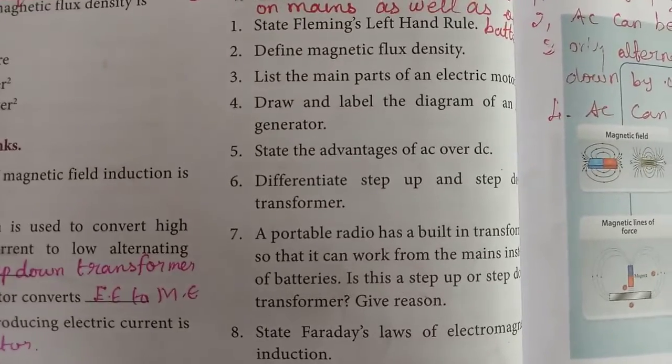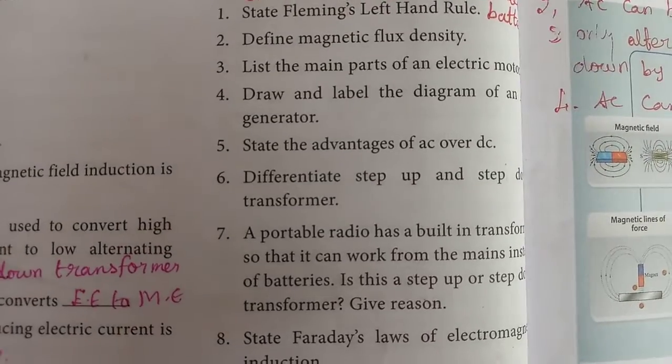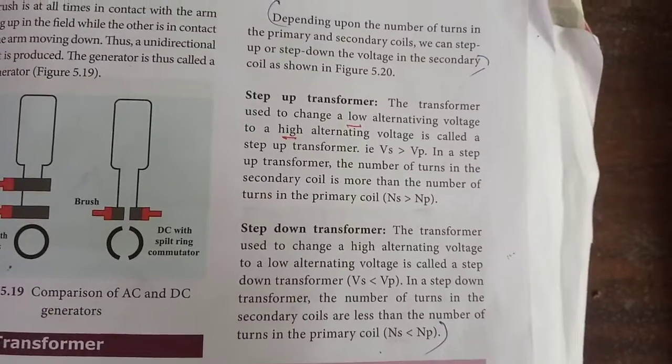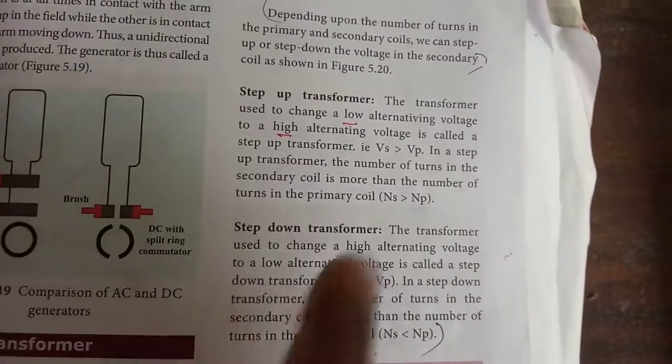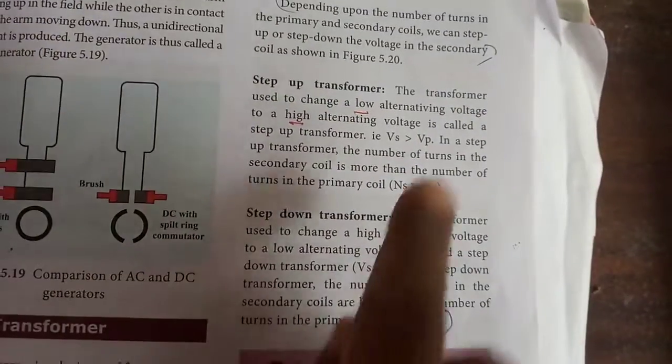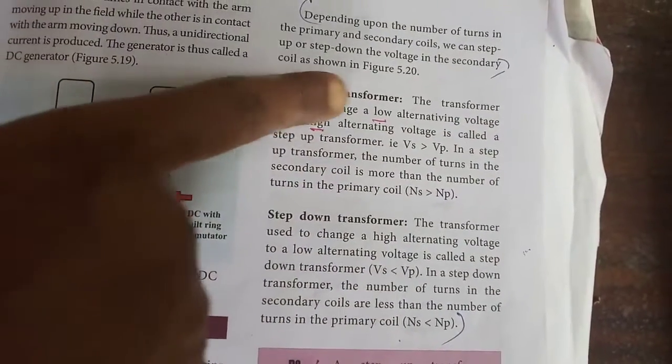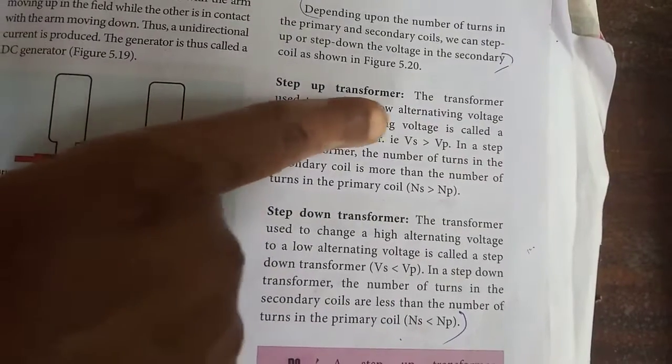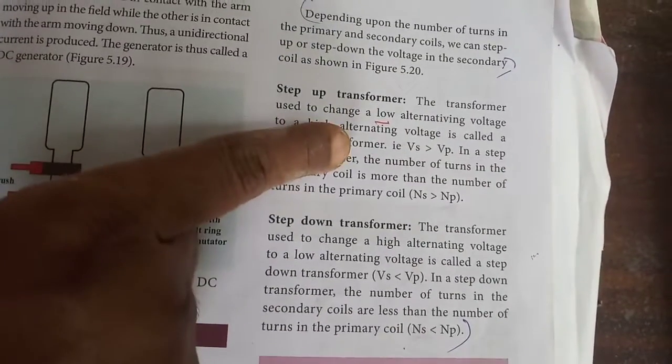Next, sixth question, differentiate step up and step down transformer. Page number 61. Just draw a tabular column, step up transformer and step down transformer. The first point: the transformer used to change a low alternating voltage to a high alternating voltage is called step up transformer.